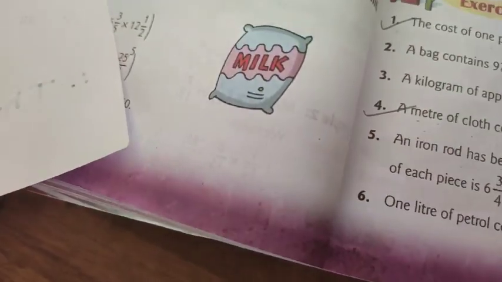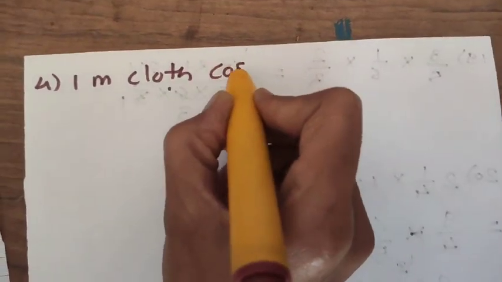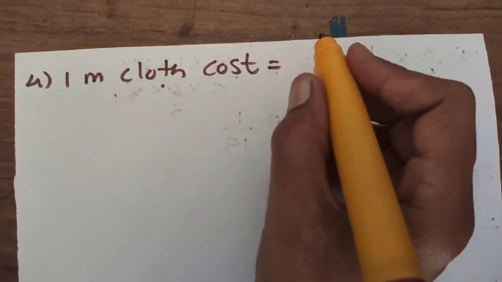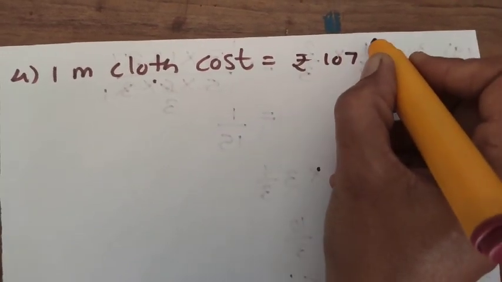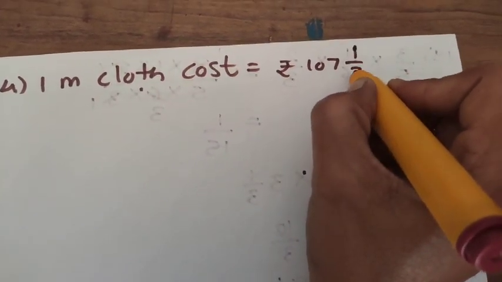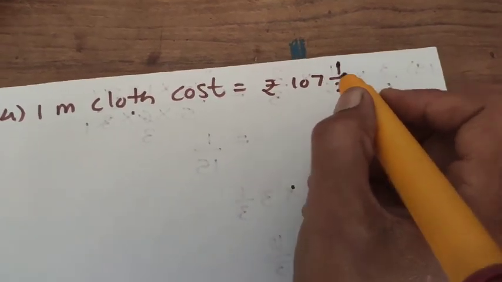The same way we solved the first question, you have to solve this. 1 meter cloth cost is given to you: rupees 107 integer 1 by 2. You have to find the cost of 2 integer 1 by 5 meter of cloth.